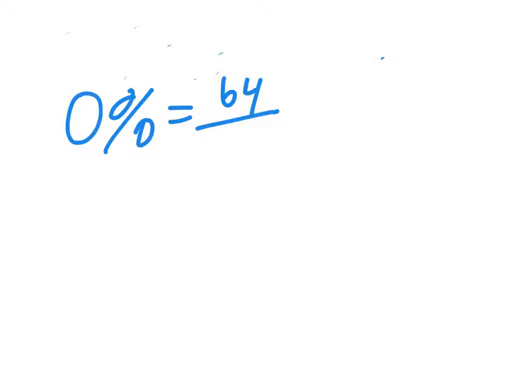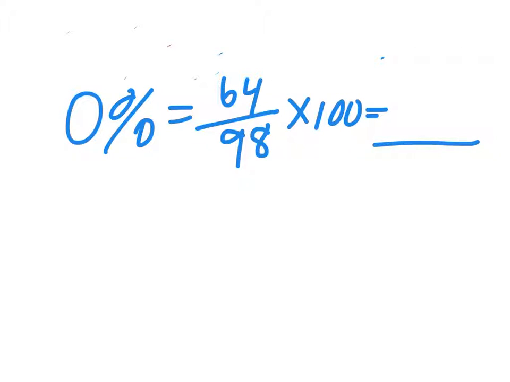It was the 2 plus the 32 plus the 64. What was my total molar mass? 98. Very good. So the 98 is what's on the bottom. And then what's the rest of my formula? What do I have to do there? Times 100 is going to give you that percent of oxygen.